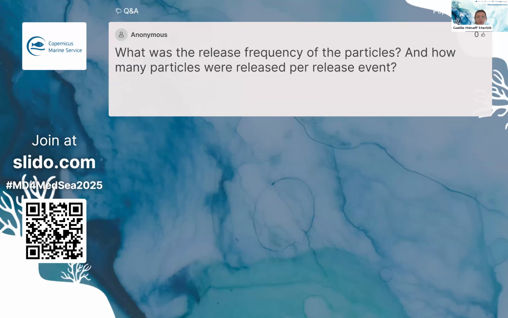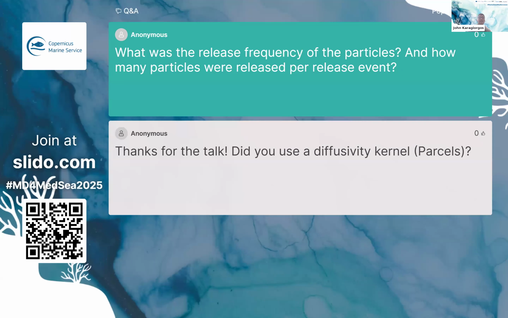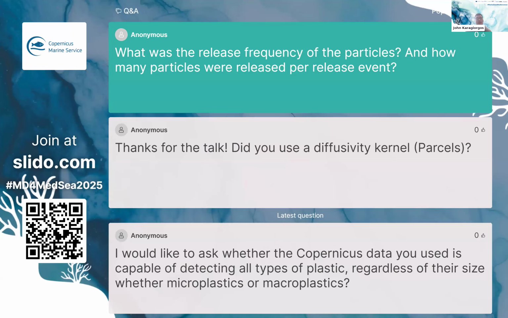The next question, what was the release frequency of the particles and how many particles were released per release event? Yes, we released the particles for a specific beach location here at a daily frequency and for the whole 10-year period. So we have 360 particles per year.